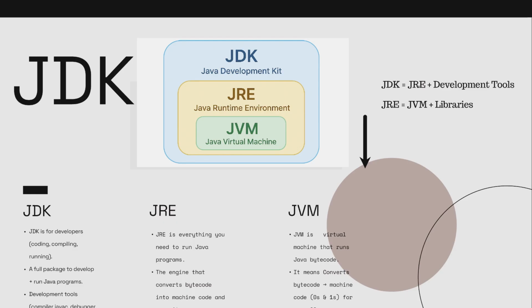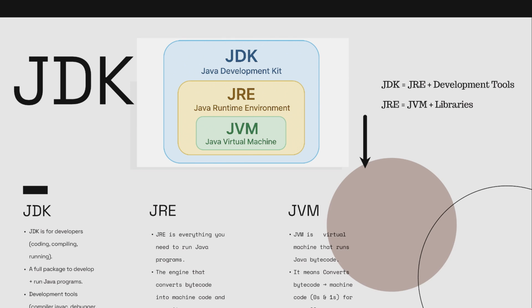JDB is the debugger to test and fix code. Javadoc is a documentation generator for developers to know how the APIs work. So JDK is for developers: coding, compiling and running.